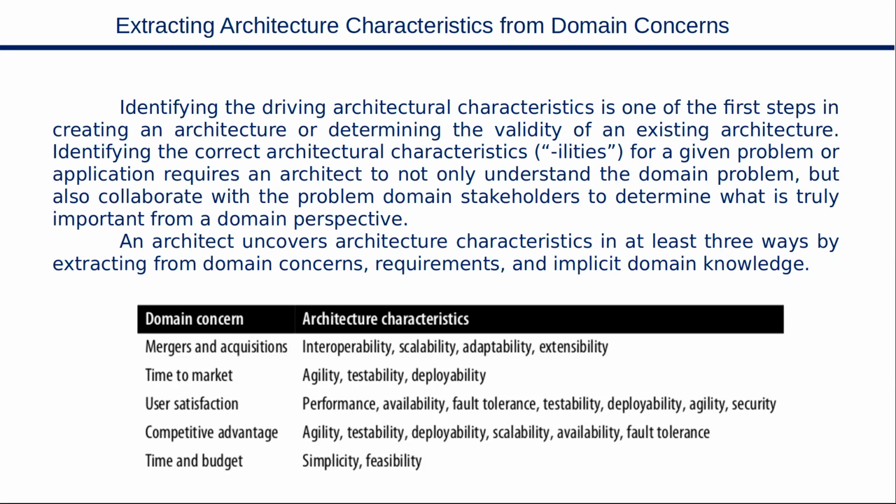One tip when collaborating with domain stakeholders to define the driving architecture characteristics is to work hard to keep the final list as short as possible. A common anti-pattern in architecture is trying to design a generic architecture, one that supports all the characteristics.